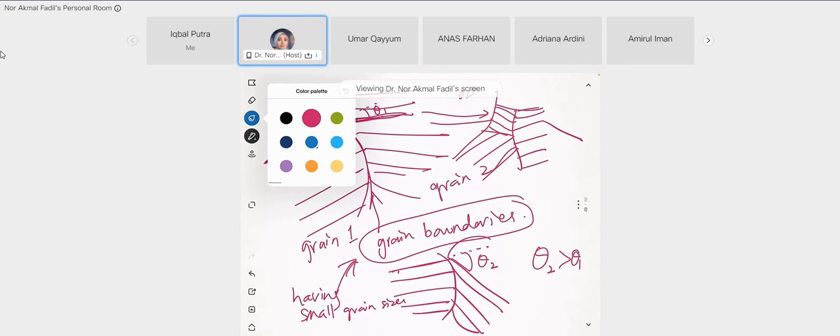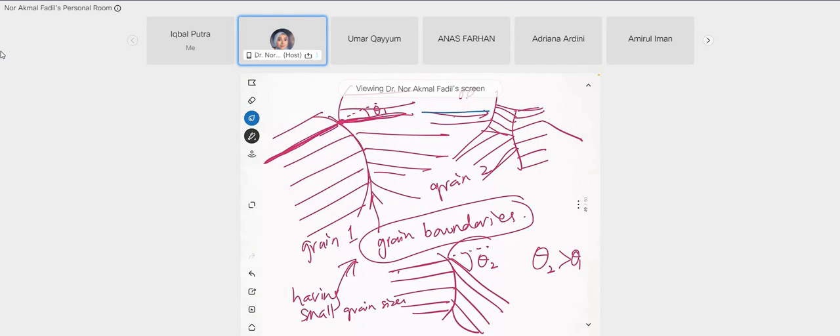Imagine there is a slip that needs to move from one point and then change direction, again and again. It requires the dislocation to pass through multiple obstacles rather than having a large grain size. So how to make the grain boundary effective is having a small grain size, so we give more obstacles to the dislocation motion for the slip to move along the grain boundaries.